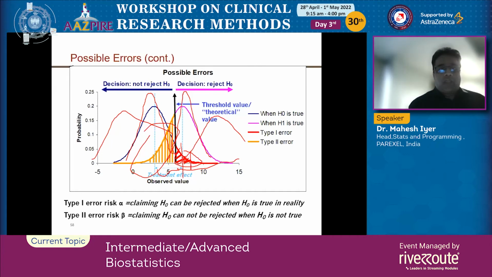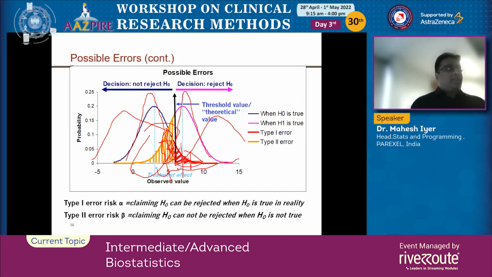Okay, if your observed value is here, then what is your p-value? It is all this area, right? This whole area, and that area is bigger than only this area, correct? And therefore your p-value now is larger than 0.05. So if your p-value is larger than 0.05, you do not reject the null hypothesis.